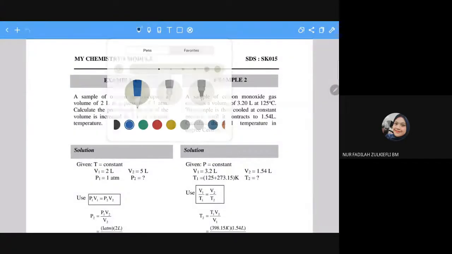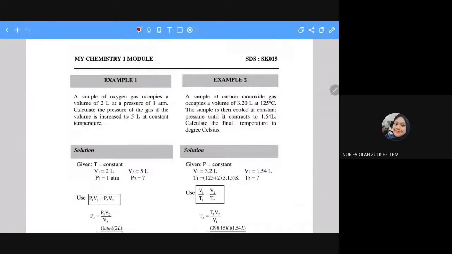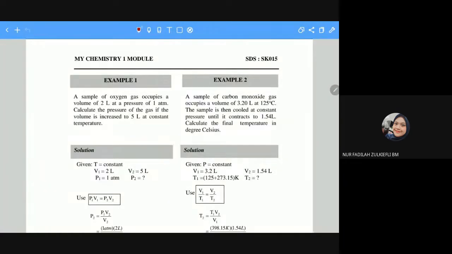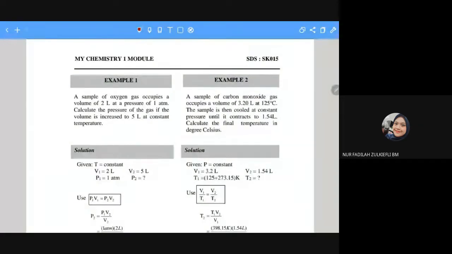Okay, so the technique yang teacher nak ajar lah teknik untuk abstract any important key words dalam soalan. For example, dekat example 1, it says that kita ada satu sampel gas and the gas is an oxygen gas. Okay, it says that the oxygen gas occupies a specific volume, di mana the volume adalah 2 liter at a pressure of 1 atm.